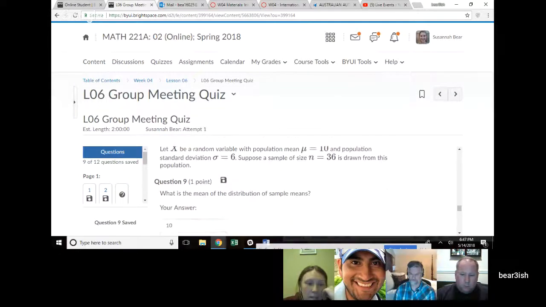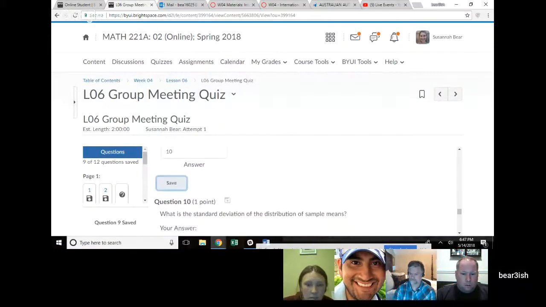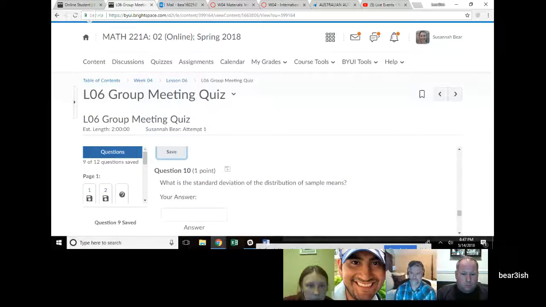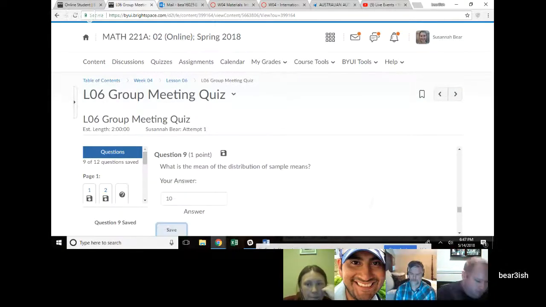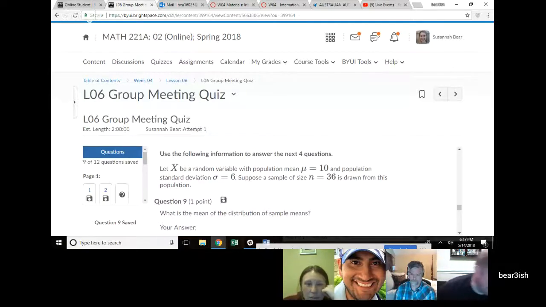Okay, cool. And question 10, what is the standard deviation of the distribution of sample means? 6. No. It's 1, isn't it? Hang on. Remember that formula? It'll be the standard deviation divided by the square root of n.